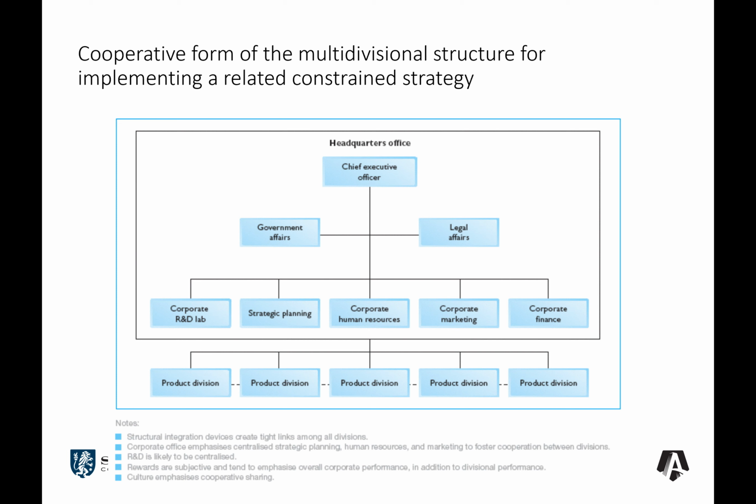Rewards are a mixture of subjective and objective that link to overall corporate performance, and the subjective component is how you link the contribution made to other divisions by your division to the overall corporate performance. Culture emphasises cooperation and sharing. And you can see how that links back to our discussion in week 6 of corporate level strategy.